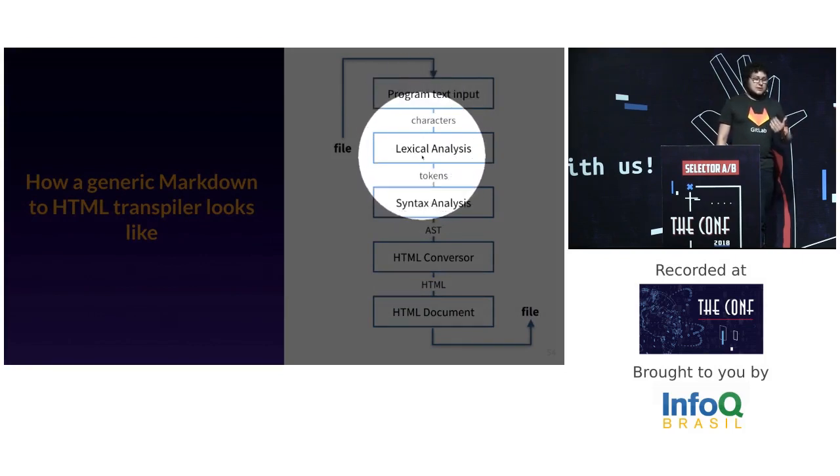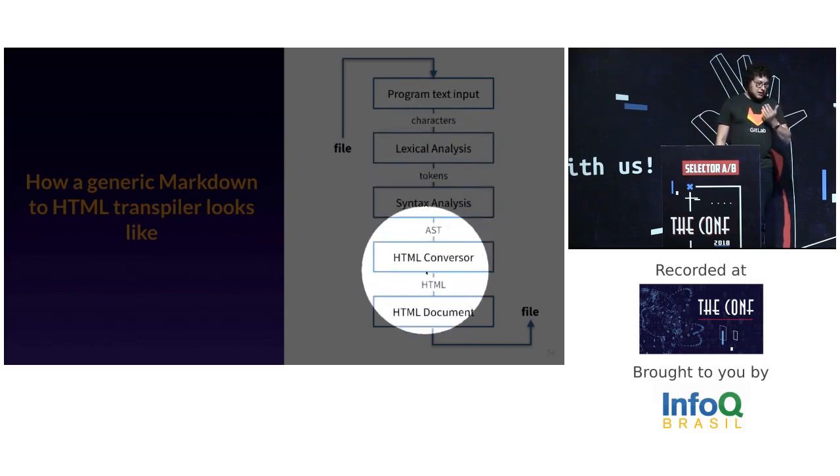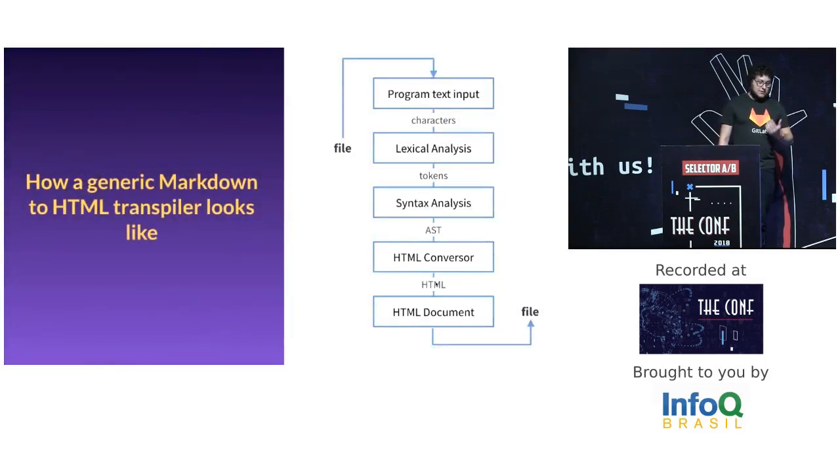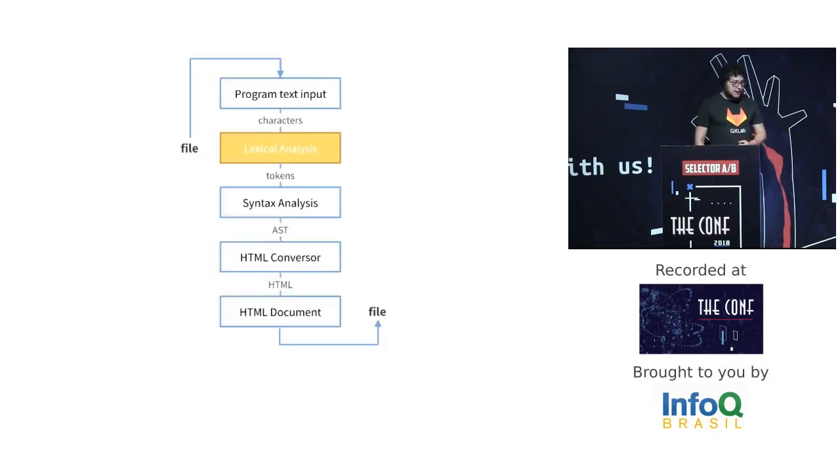The lexical analyzer transforms those patterns into tokens that go down the pipeline until you have your HTML converter and your final HTML document. But the most important part here is the lexical analyzer. It's the most difficult one to implement.